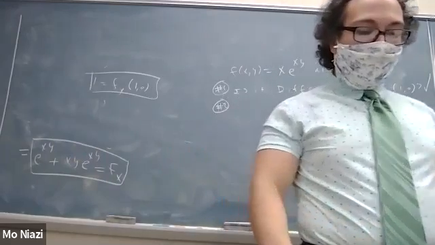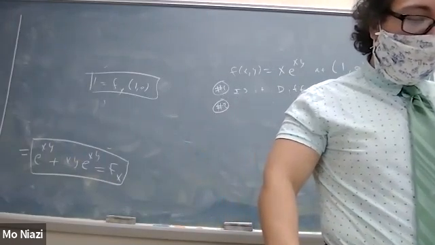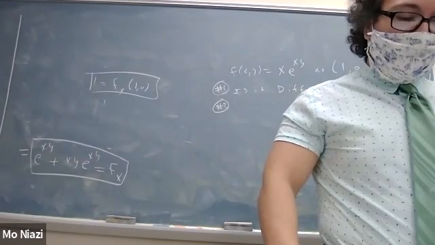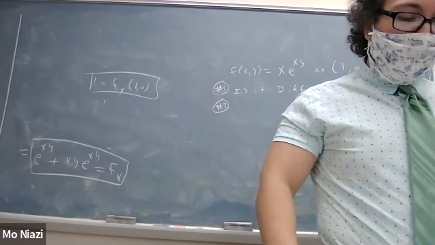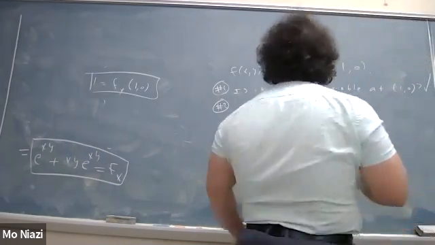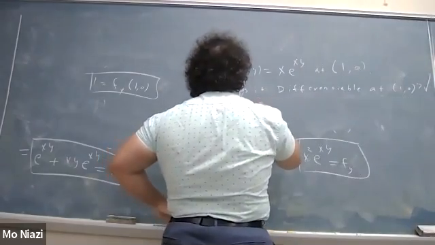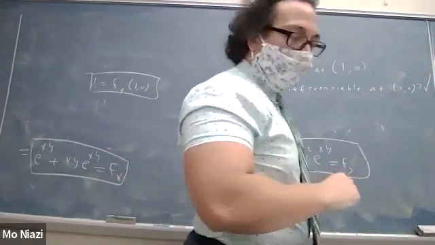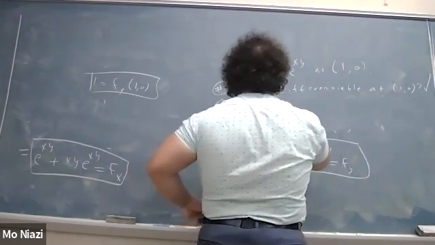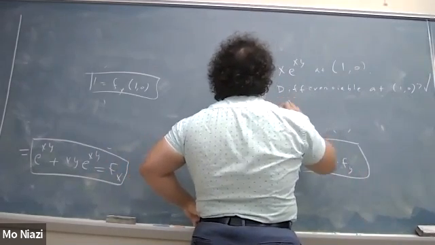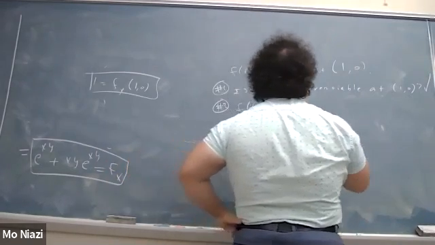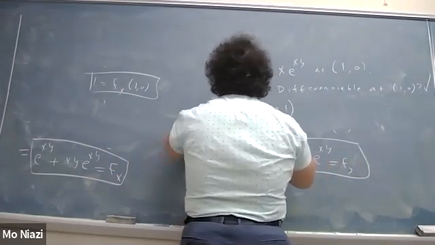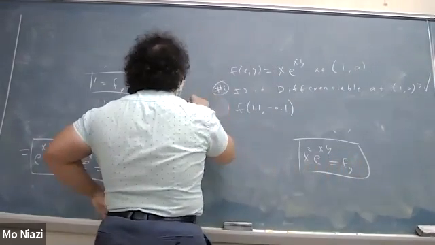Or more like command number 2. Find the linearization and approximate f of 1.1 comma negative 0.1.